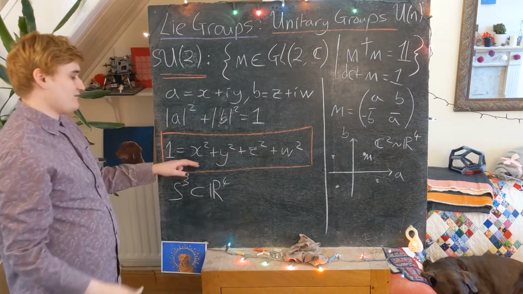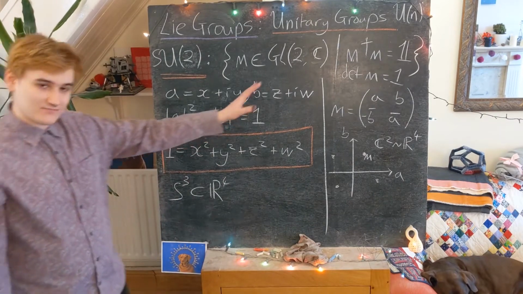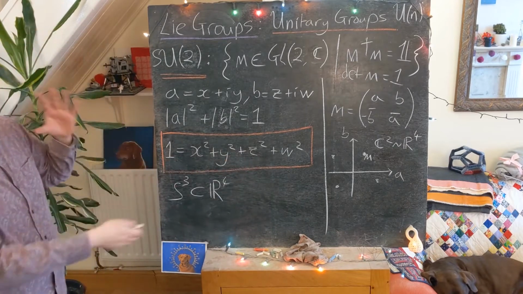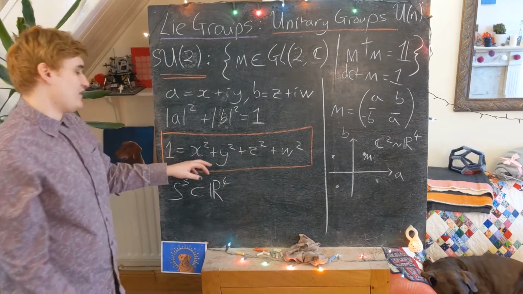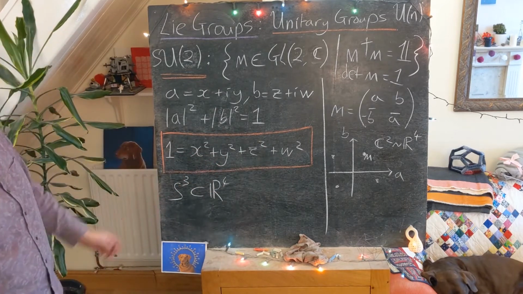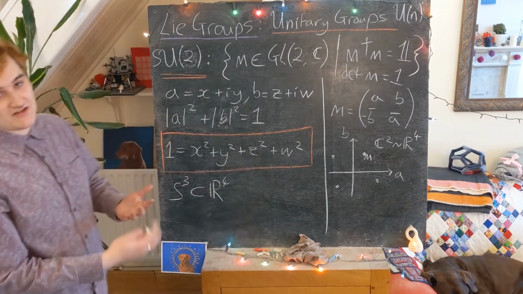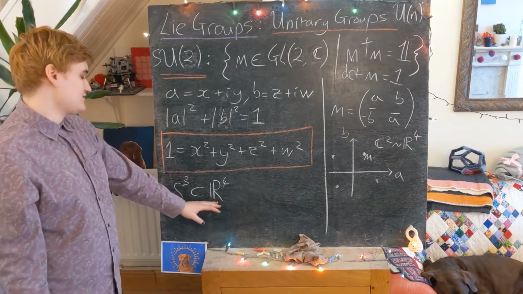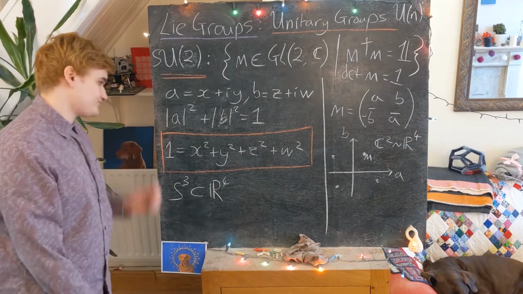And so that's going to be x squared plus y squared, which is just describing a circle. And then x squared plus y squared plus z squared is describing the surface of our 2-dimensional sphere, which of course lives in 3 dimensions. And then in complete analogy, this is now the 3-dimensional sphere, which exists in 4 dimensions.